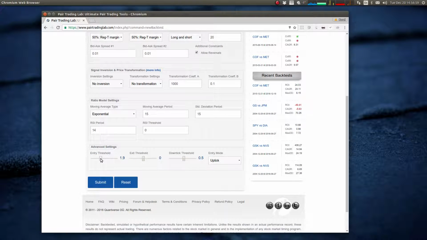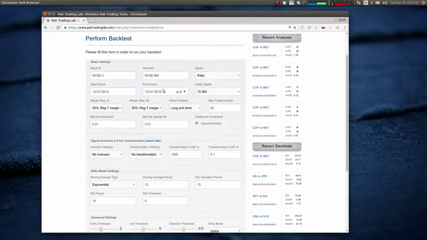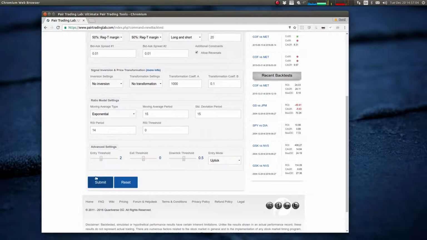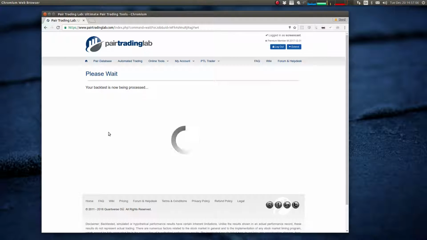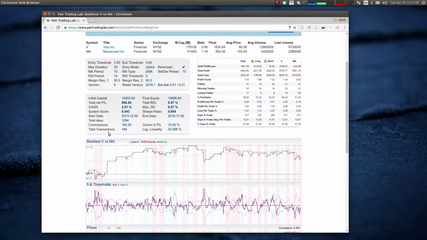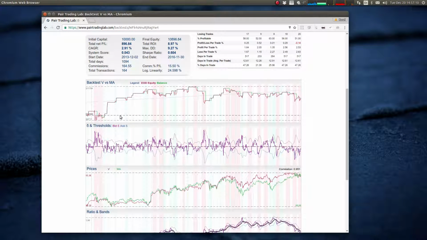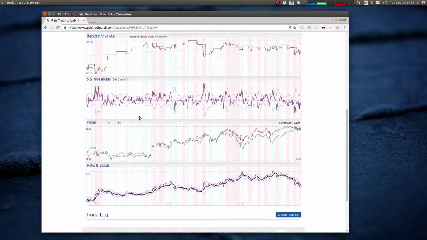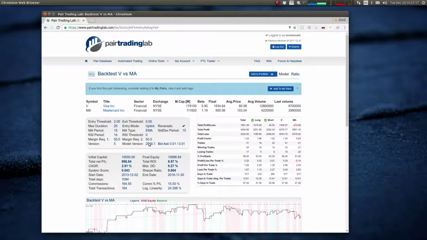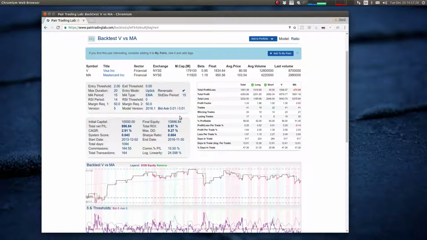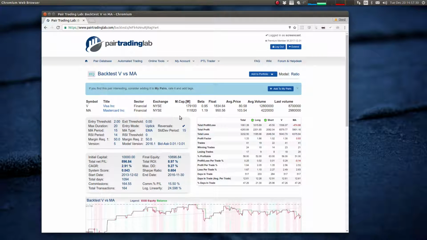I'll put it back. Let's try with default parameters. It's even worse. It has periods where it makes money, but we can see both models have quite a problem exploiting statistical processes in this particular pair.